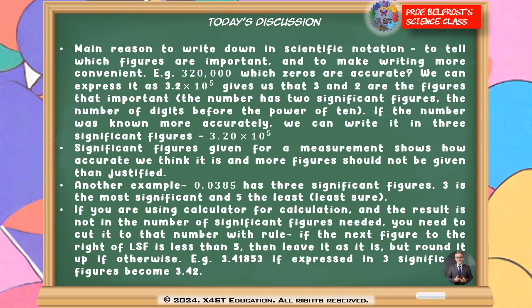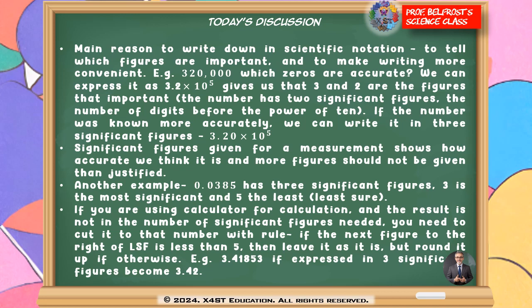For example, you want three significant figures, but your calculator gives you 8 figures, then you need to cut them to three by rounding. If the next figure to the right of the least significant figure is less than 5, leave it as it is. But if it is 5 or larger, then round it up.